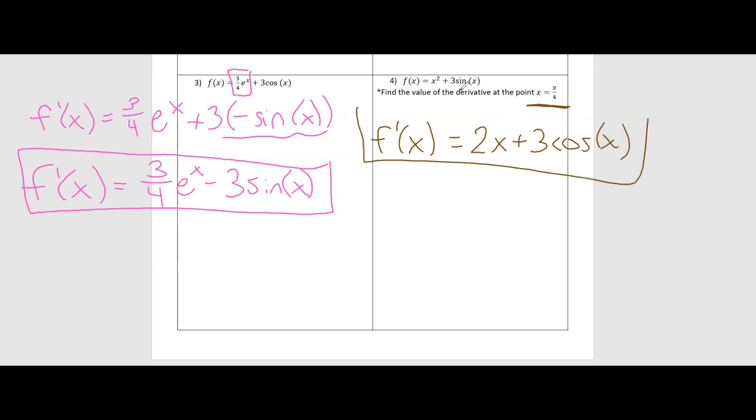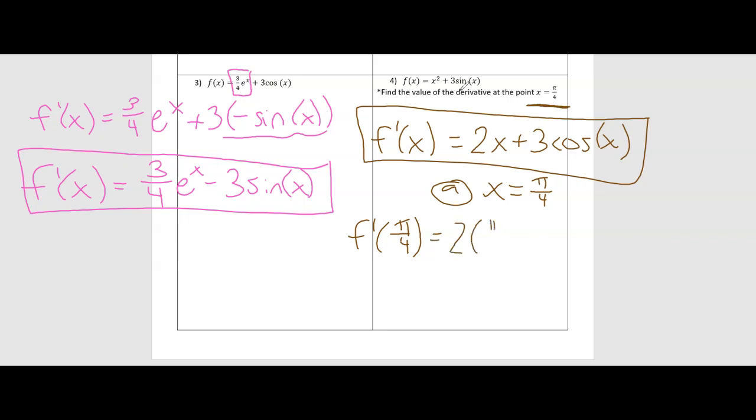So that's our derivative. Now we need to find the derivative at x equals pi over 4. So f prime of pi over 4 is equal to 2 times pi over 4 plus 3 times cosine pi over 4. You're going to need to think back to your unit circle.